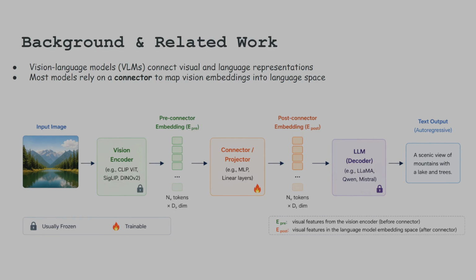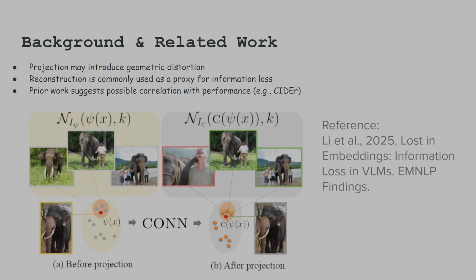Most of the models rely on the connector to map the vision embedding to the language space. There is a paper announced last year. They used k-nearest neighbors to show that there is geometric distortion before and after the connectors.